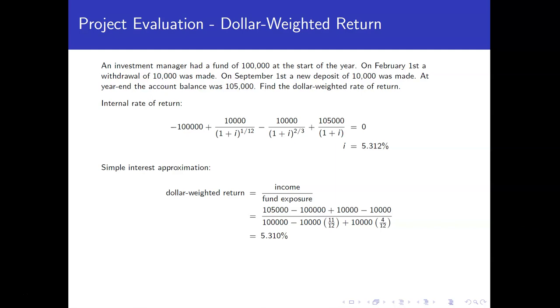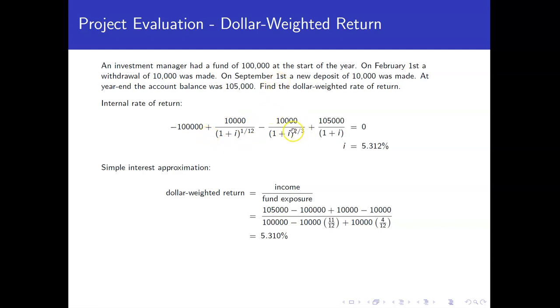So if you were actually going to do this using the internal rate of return methods that we've talked about before, we can think about it as a sequence of cash flows again. So if we think about ins and outs, if you will, we laid out $100,000 to start with to put in the fund. A month later, so at time 1/12, we took out $10,000, so that $10,000 would be returned to us, and that's what we considered a positive cash flow.